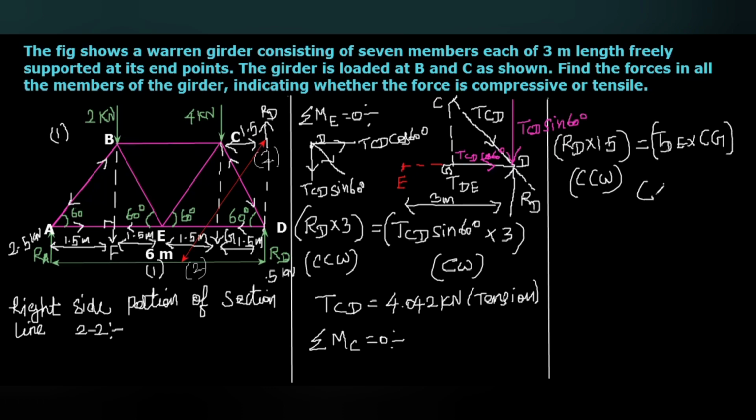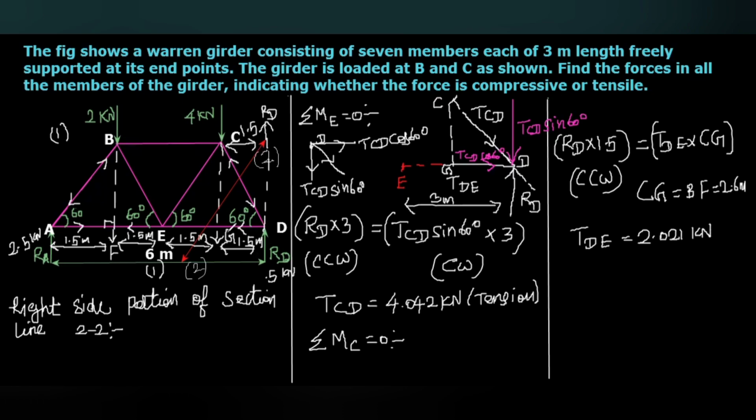Here CG equals BF, that equals 2.6 meter. Substitute the value of CG, then by simplifying, we will get the value of TDE equal to 2.021 kilonewton.